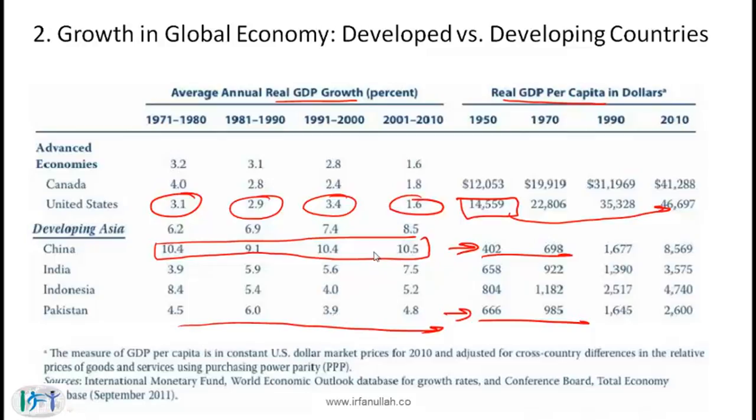So, this tremendous double digit growth rate in China has had a tremendous impact on the wealth of China. So, notice that in 2010, the per capita GDP in China is approximately 3.5 times more than the per capita GDP in Pakistan.